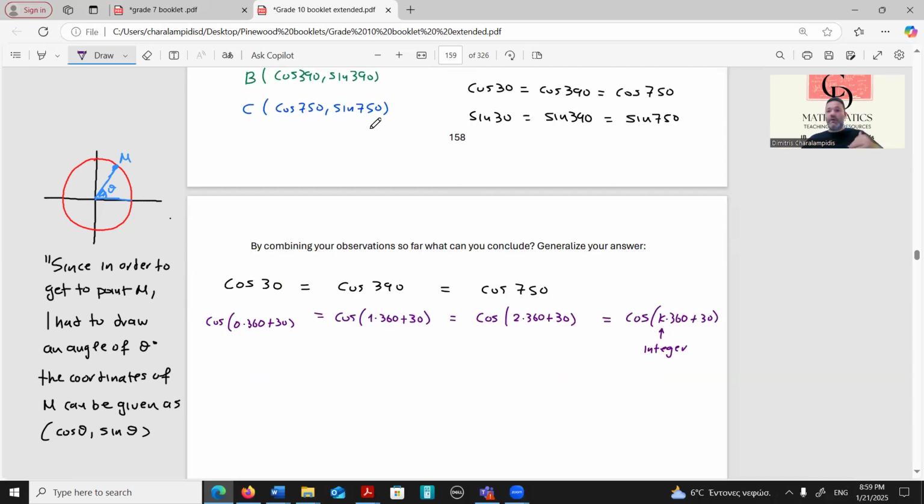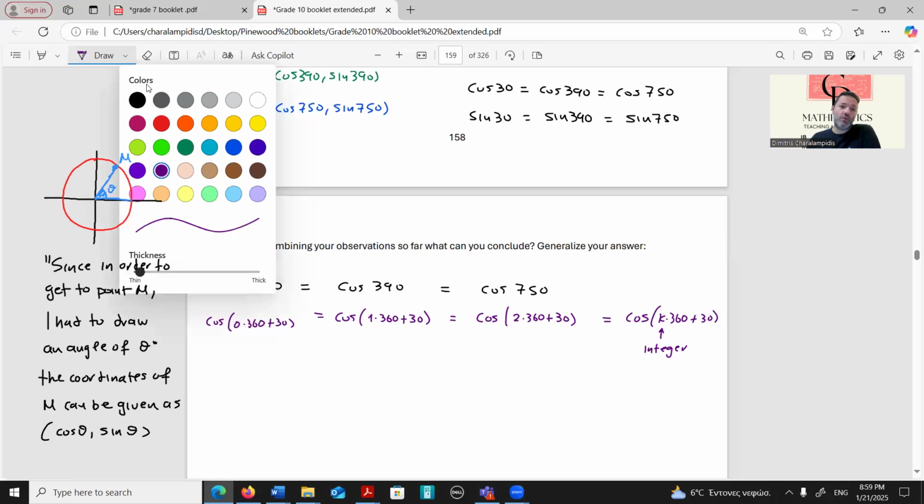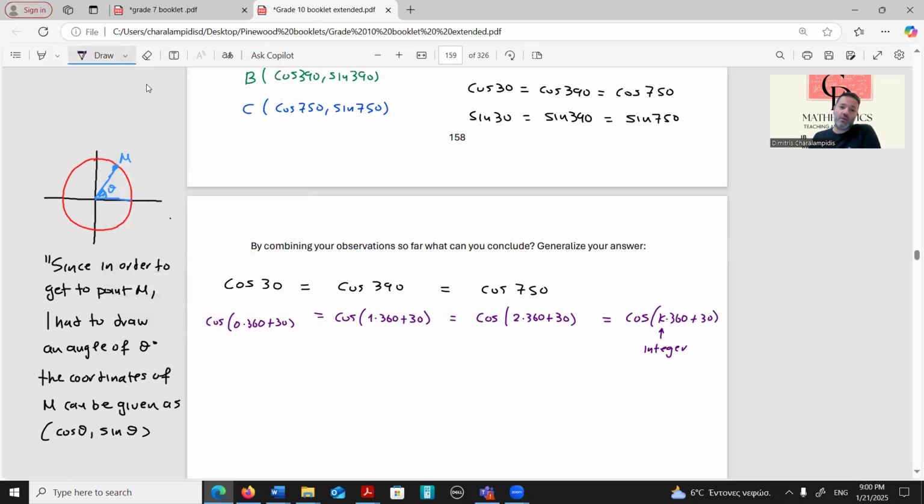If we further generalize without just using the angle of 30 degrees, we could conclude that cosine of k times 360 plus theta would be the same as cosine of theta. And similarly, the sine of k times 360 plus theta would be equal to sine of theta.